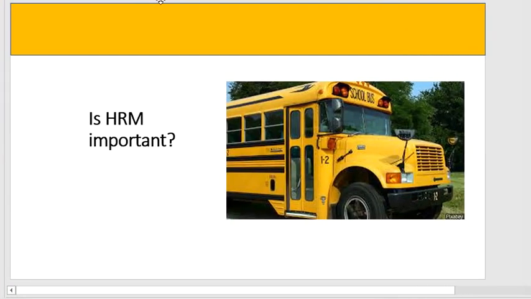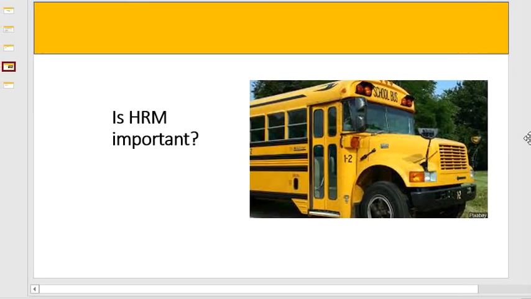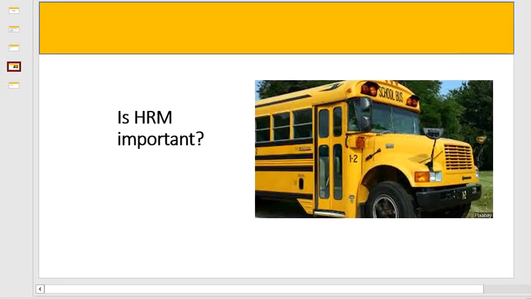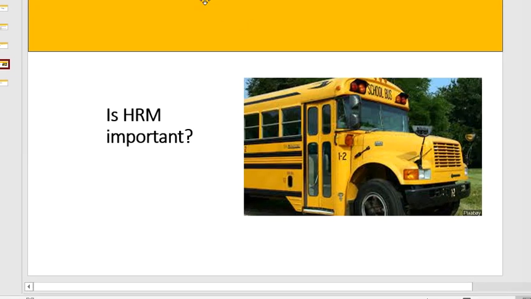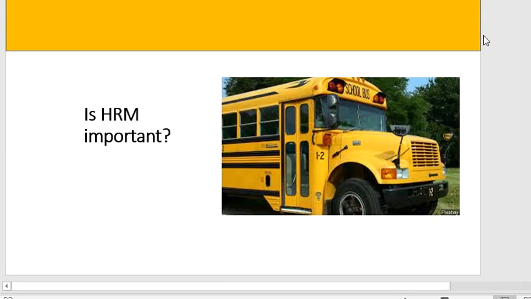Now, is HRM important? By now, all of you would agree that HRM is important, right? Now, why is a bus kept here? Why is the picture of a bus here? Now, the bus here represents an organization. You have all the systems in place.